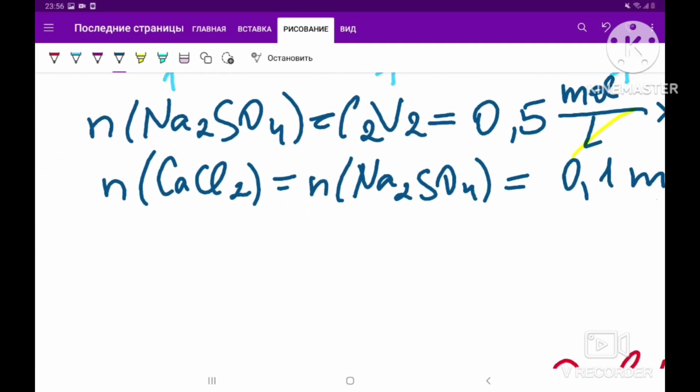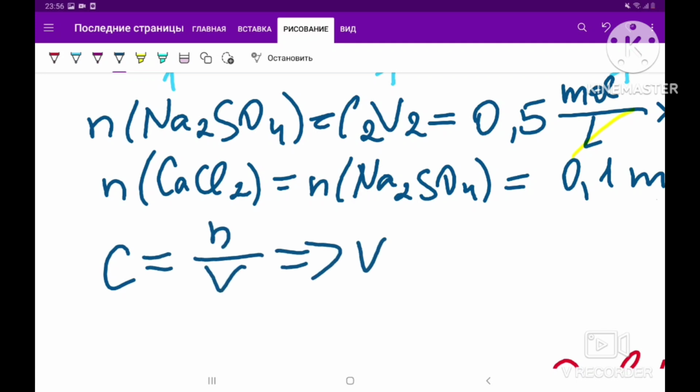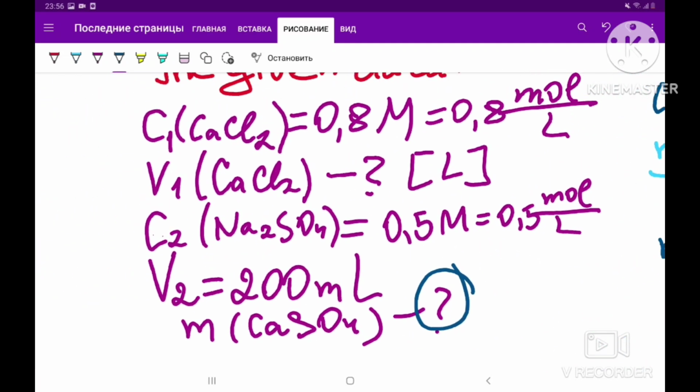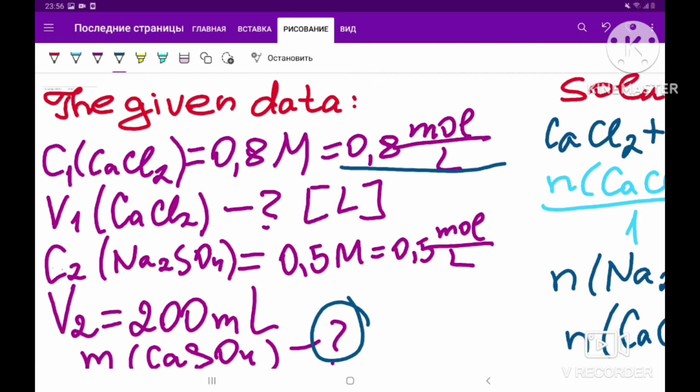So we know this formula as we wrote before: C equals n divided by V. So in order to find the volume, divide the number of moles by the concentration. We can say the number of moles is 0.1 mole divided by the concentration, 0.8 mole per liter.